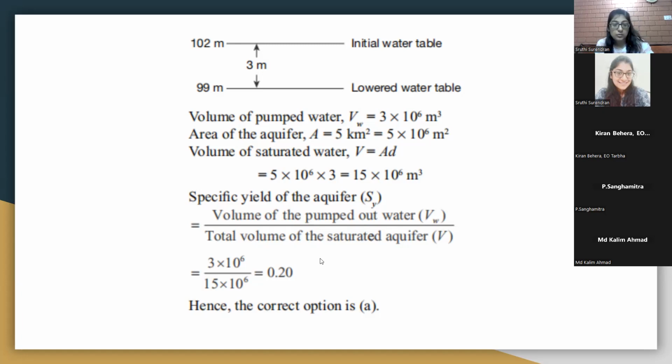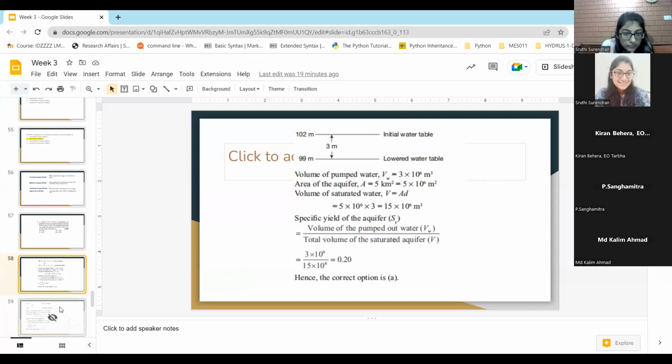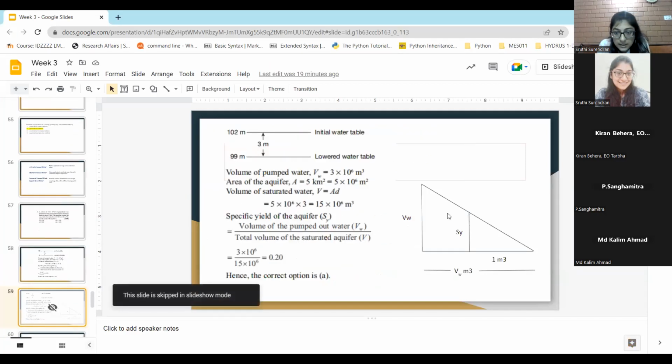I'll show you how it is done. So you can see here, if the specific yield corresponds to 1 meter cube of water of the aquifer, then the total water that has been pumped out to the corresponding volume of the aquifer will give us the specific yield. This is how this question has been done.